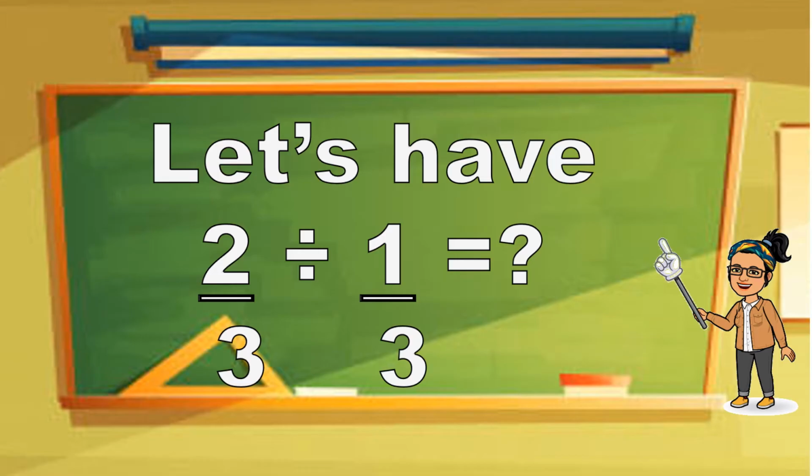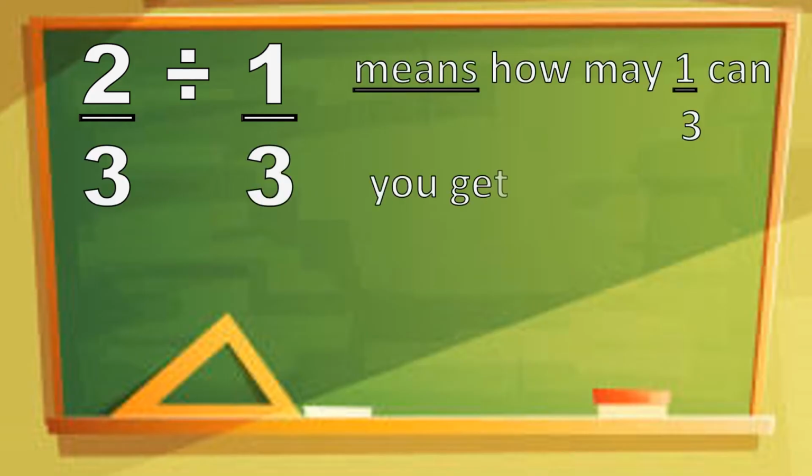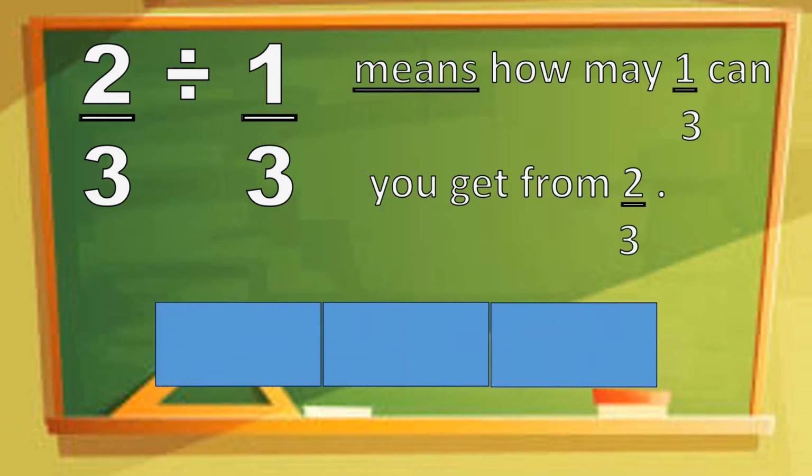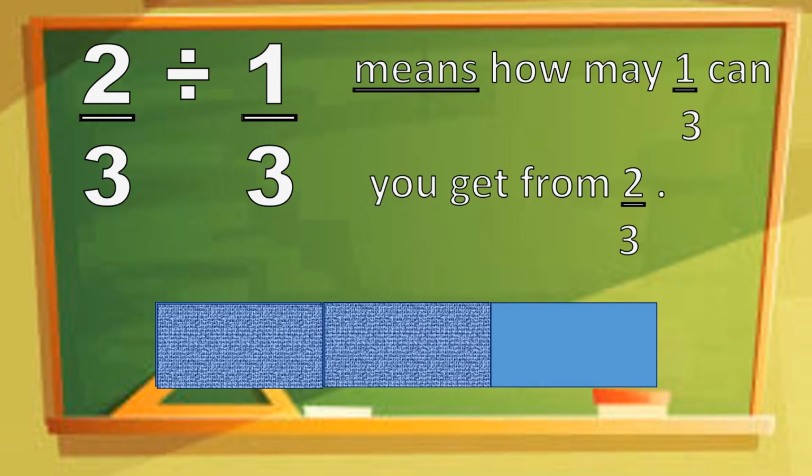Let's have 2/3 divided by 1/3 as an example. 2/3 divided by 1/3 means how many 1/3 can you get from 2/3? If this is our whole, and our whole is divided into 3 equal parts, then these 2 parts will be our 2/3.